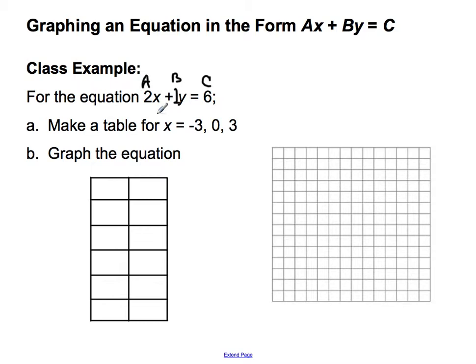Here's my independent variable, my x, and my dependent variable is still my y. I'm just going to erase it so we don't get confused. Now I'm going to tell you which values to use. I'm going to make a table using x is equal to negative 3, x is 0, and y is equal to 3.